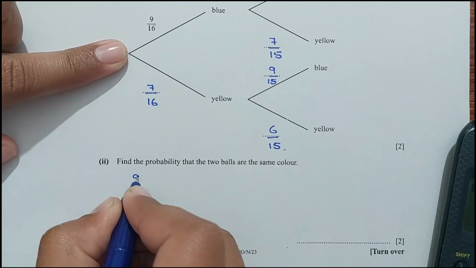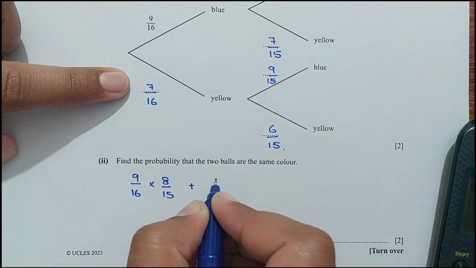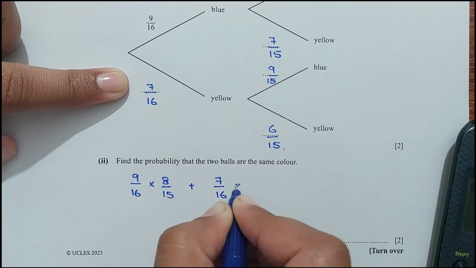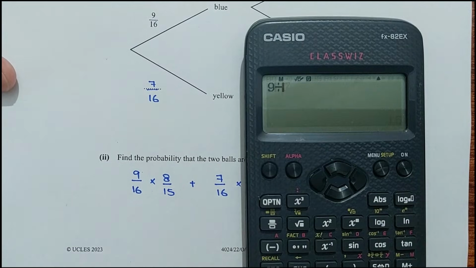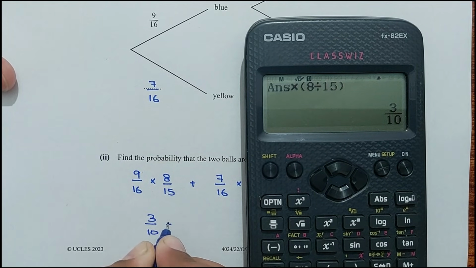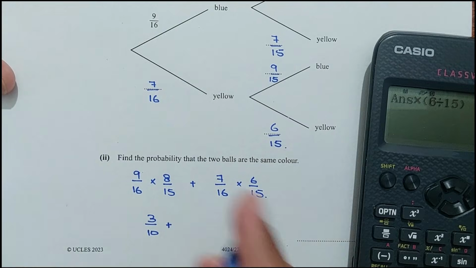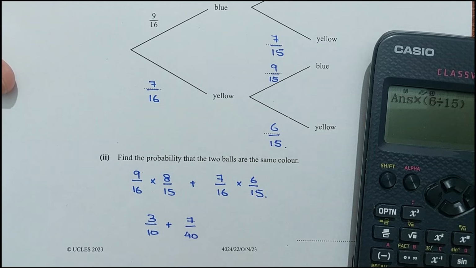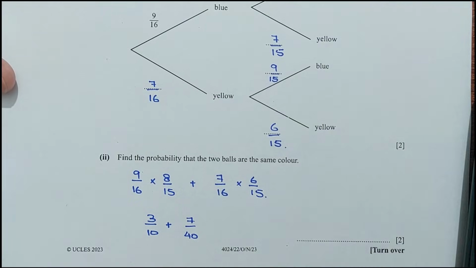So blue and blue is 9 out of 16 times 8 out of 15, and yellow, yellow is 7 out of 16 times 6 out of 15. 9 out of 16 times 8 over 15 would be 3 out of 10, plus 7 out of 16 times 6 out of 15, which is 7 by 40. And 7 by 40 add 3 by 10 is 19 by 40.